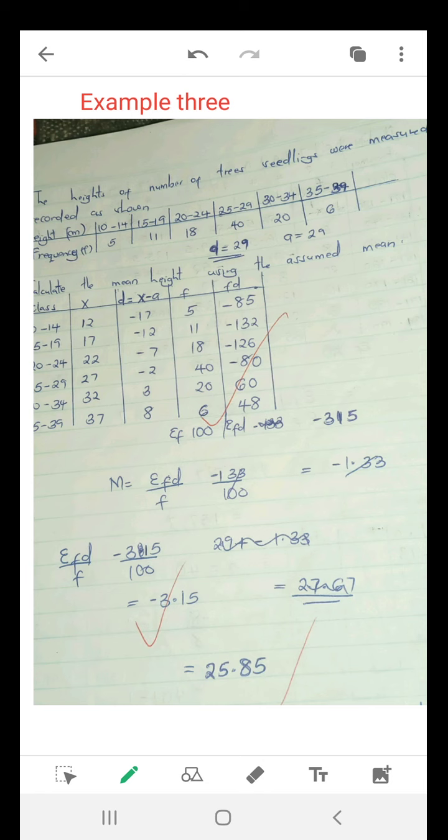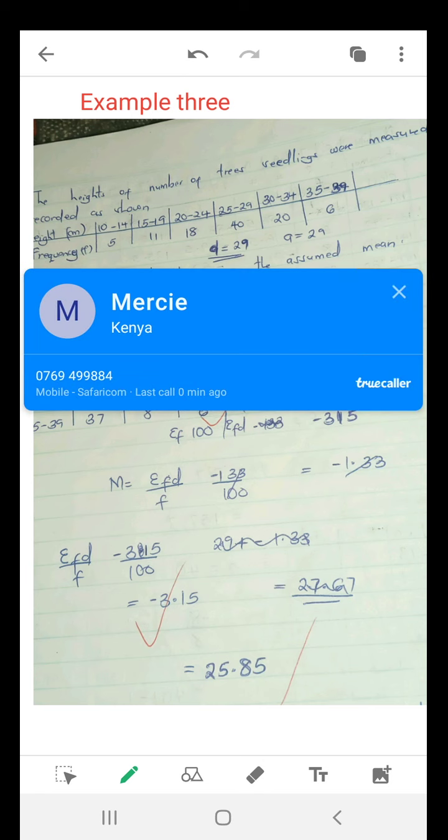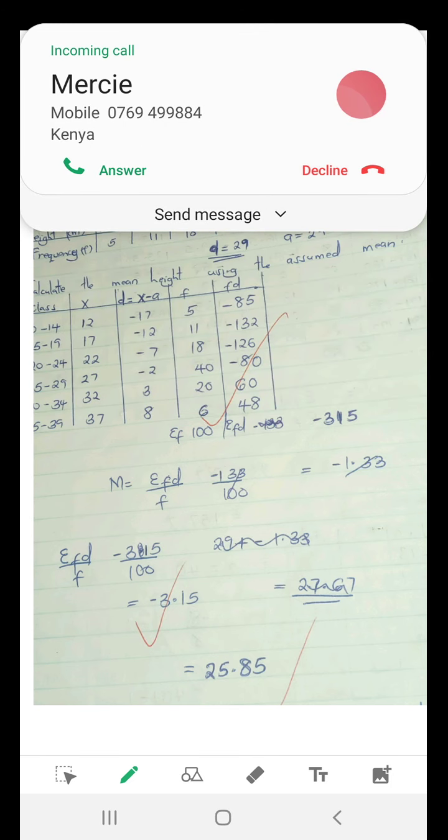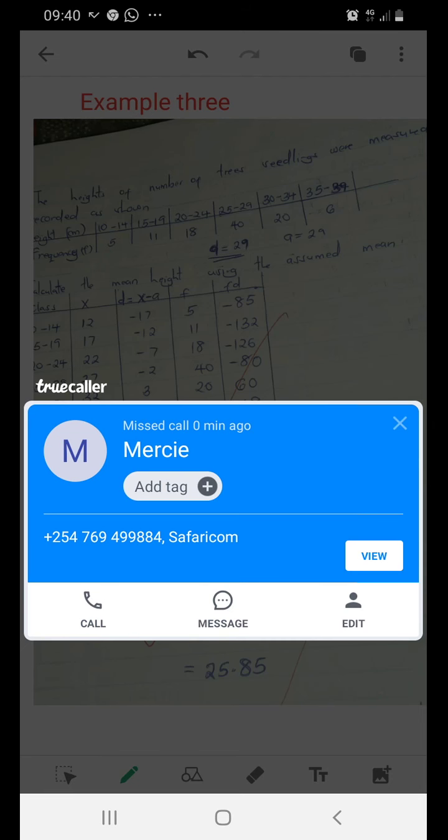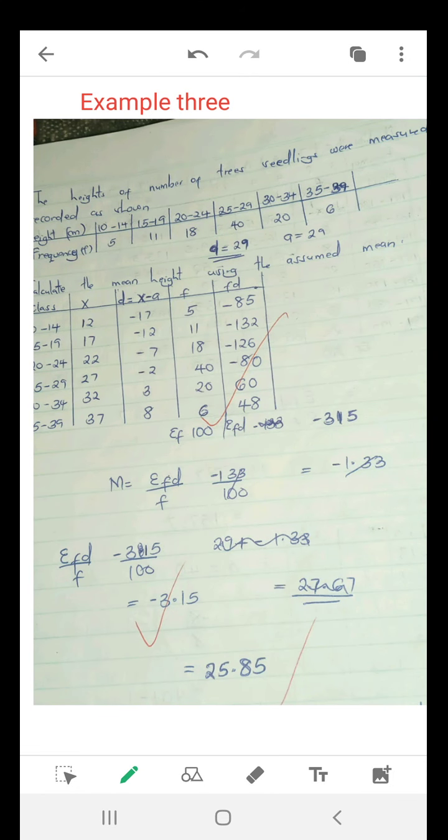Since I have a frequency column, I will be multiplying frequency by deviations.